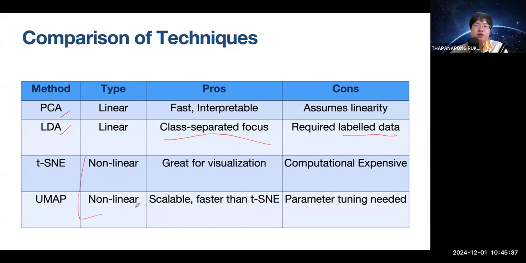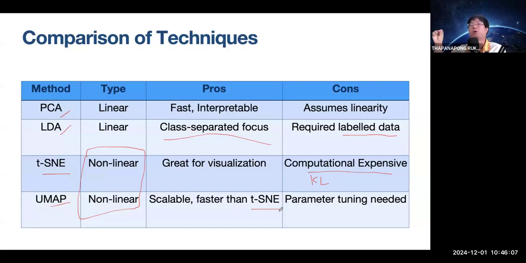For the nonlinear algorithms, right, we have t-SNE and UMAP. t-SNE is actually great for visualization, but the computation is very expensive, right? Because you have to optimize the KL divergence, and the KL divergence takes a long time. For UMAP, it's a little bit faster than t-SNE because you only care about k neighbors.